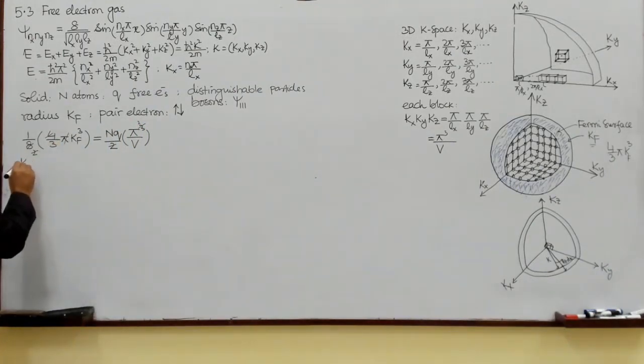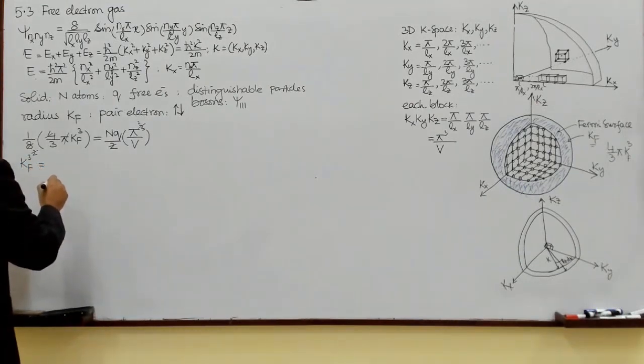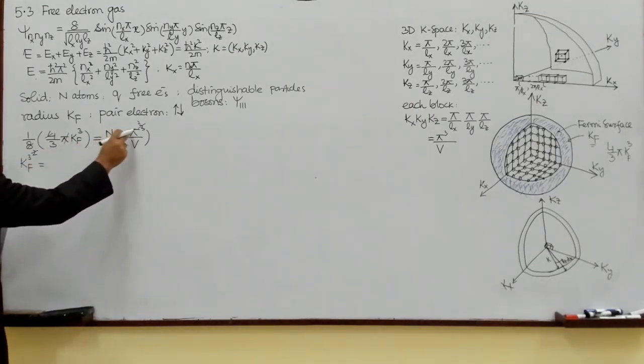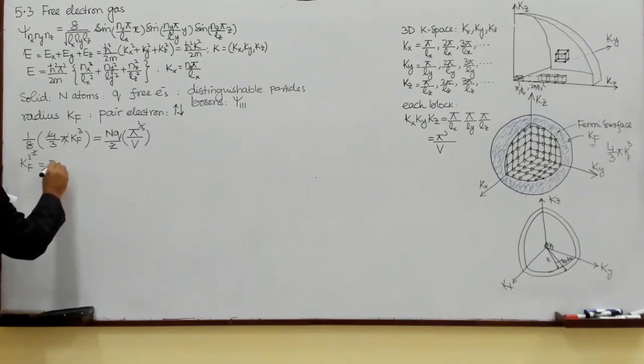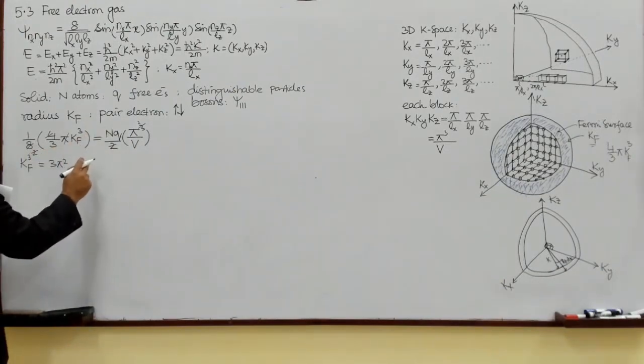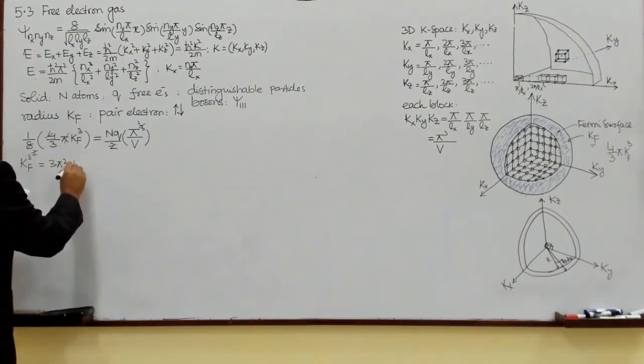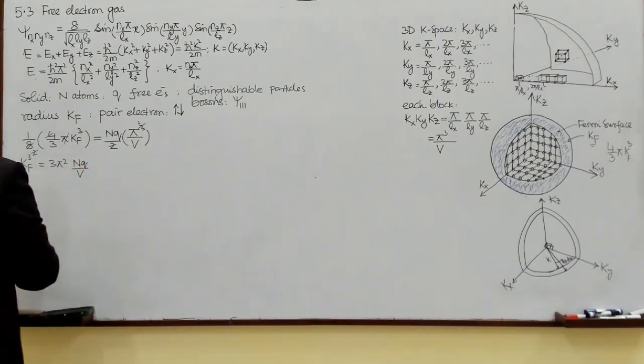So from here, kf cube is equal to 3 times pi square, nq over v.